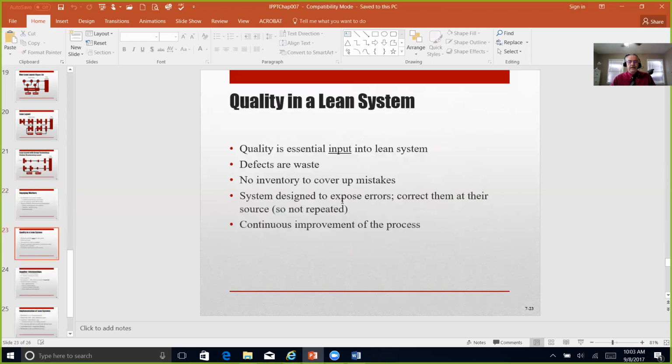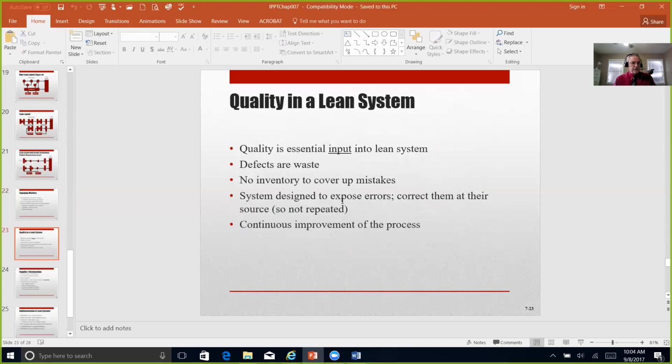So quality, over on page 150, is a tenet that has to be included in a lean production system, and a lean production system is really designed to expose and identify where the waste is occurring, making sure that it is fixed at its lowest levels so that it's permanently fixed.